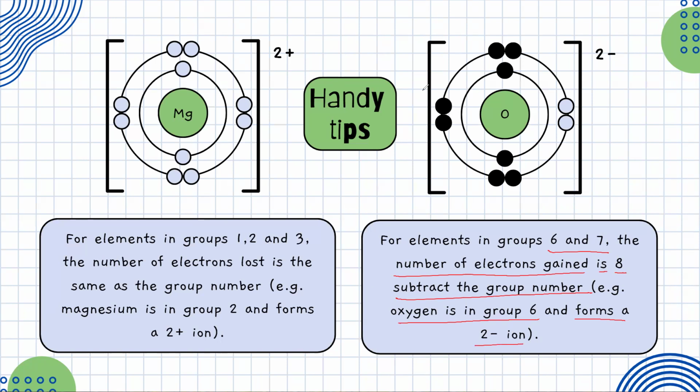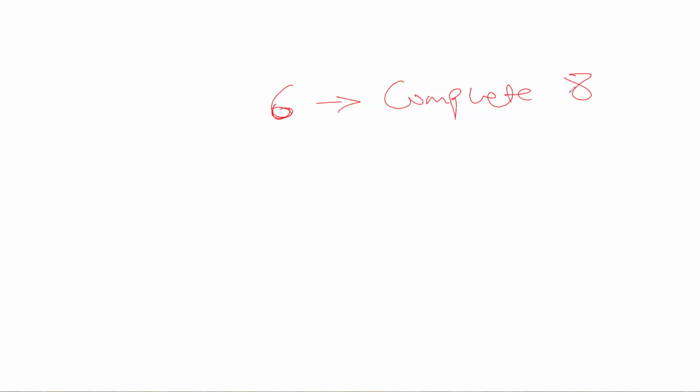If an element is in group 6, the number of electrons that it will gain must make it complete to 8. If an element is in group 7, the number of electrons that it must gain must make it complete to 8. So for instance, look at this example, chlorine.